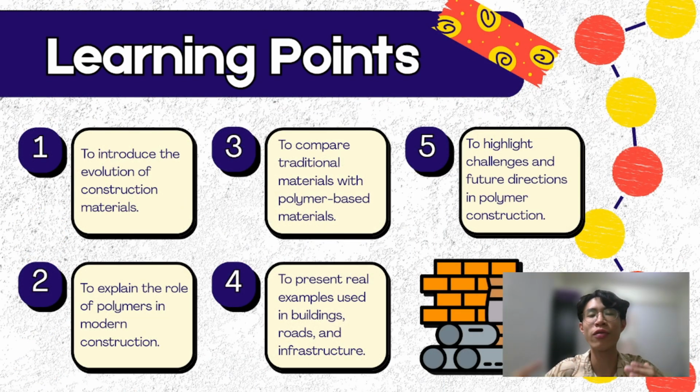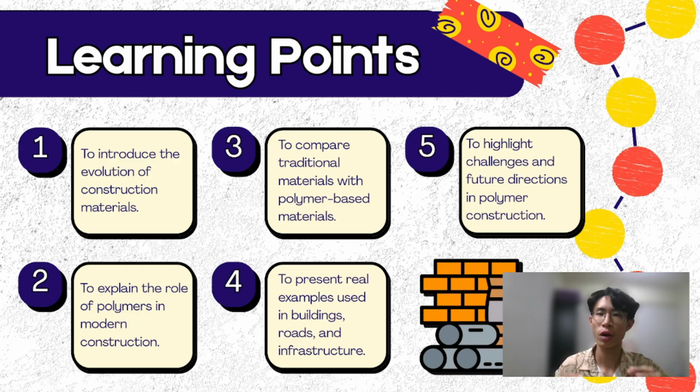Basically, for this lecture we are going to have 5 different learning points. Firstly, we are going to introduce the evolution of the construction materials, and then we are going to explain the role of the materials in modern constructions. After that, we are going to compare the properties of the traditional materials with the polymer-based materials.